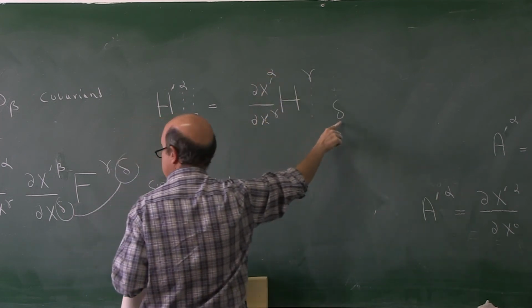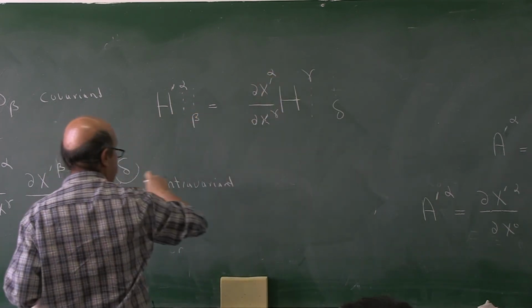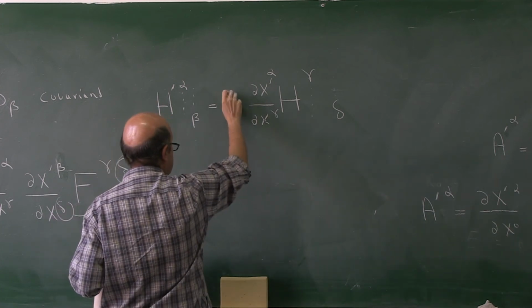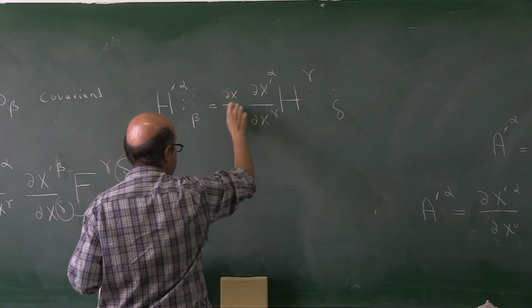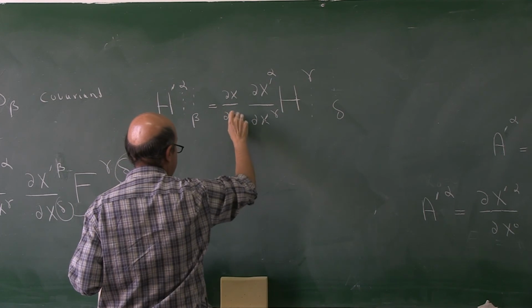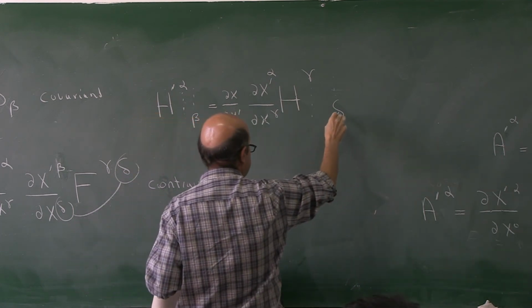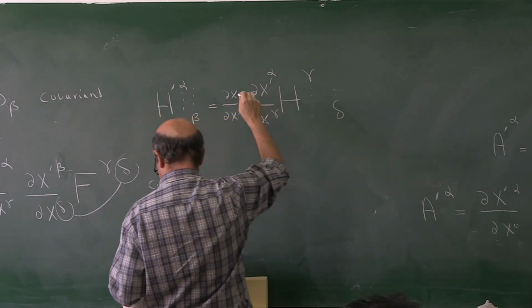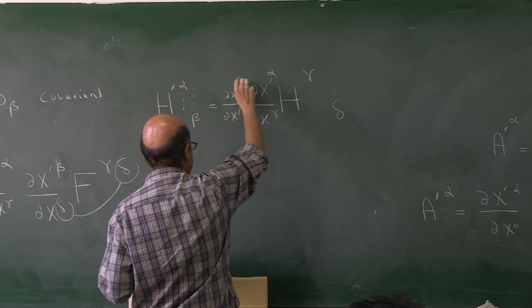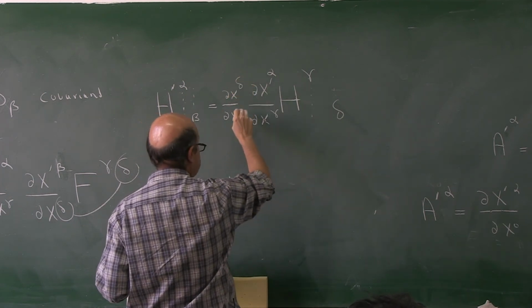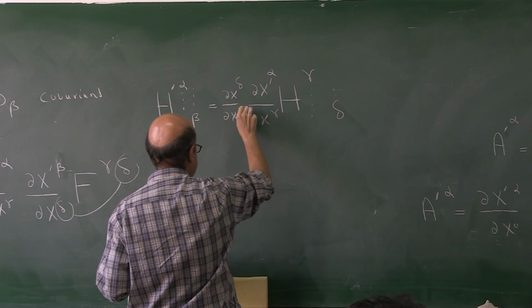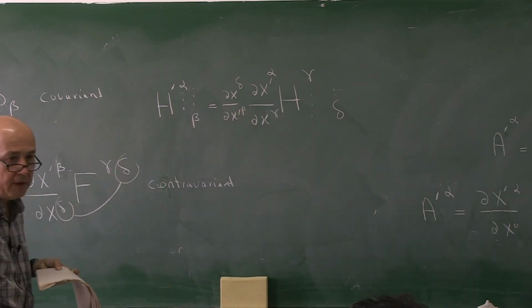And for the other, the index is down, covariant, so there should be the opposite of it, ∂x^δ over ∂x'^β, with delta summed, leaving a free index beta, if you have the mixed one.